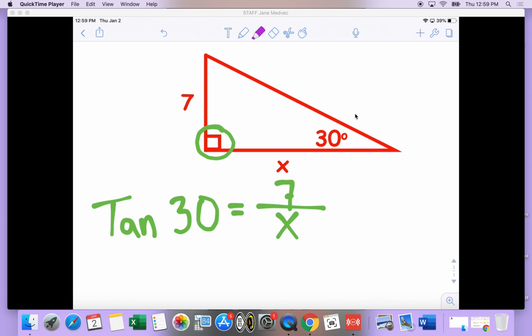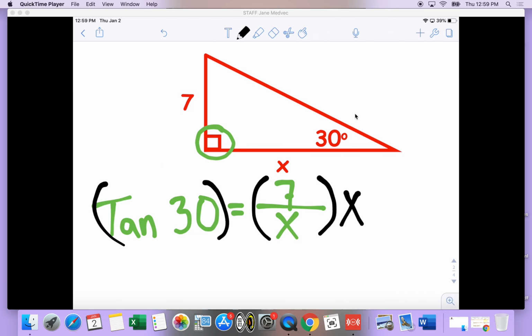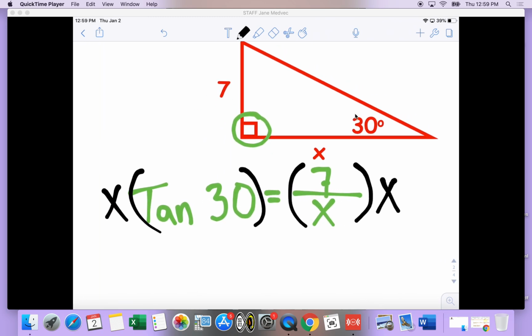If you notice on this problem, down on the bottom in the denominator, that's a variable. We don't want it down in the denominator. So to be able to get rid of it, what we're going to do is multiply both sides by x. And what that does is it cancels out these x's.